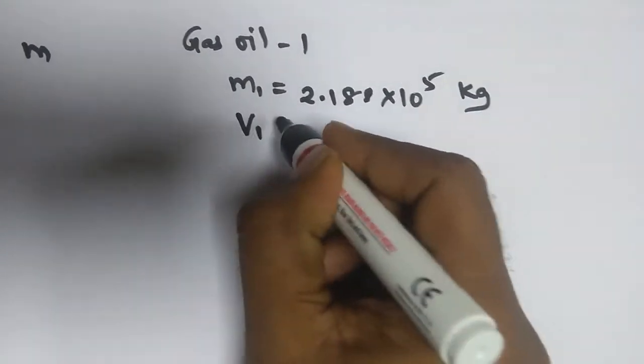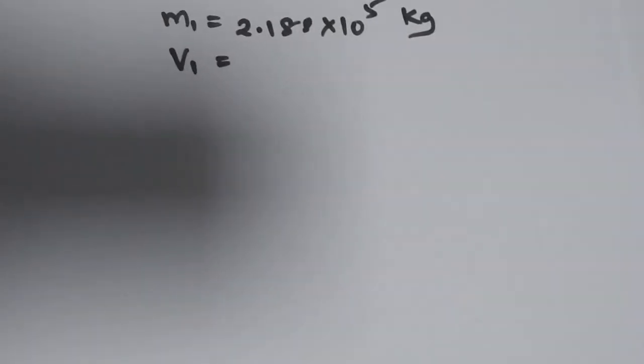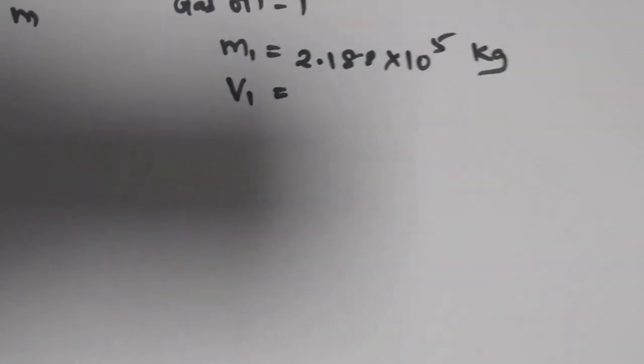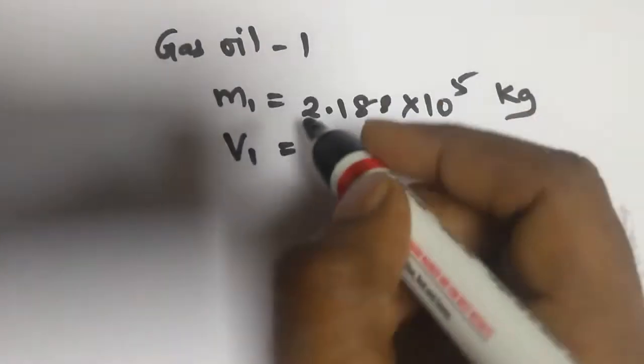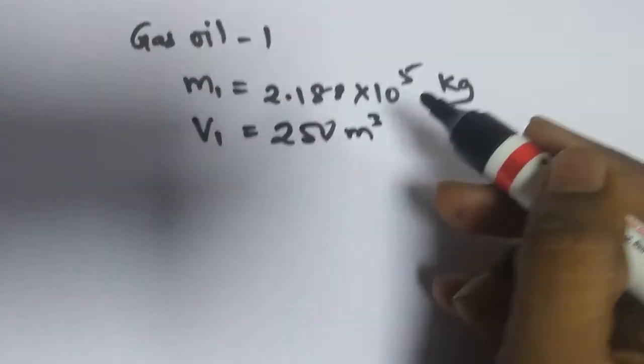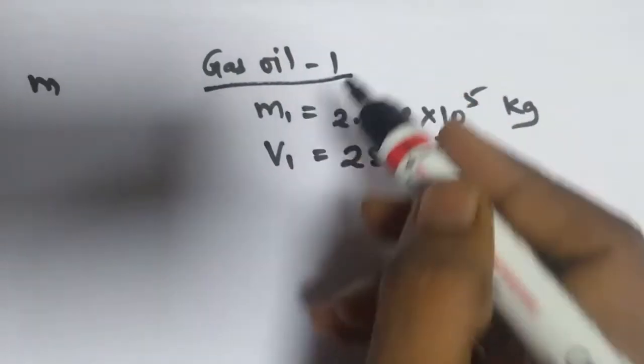Volume 1 is given, it is 250 meter cube. So this is for gas oil we have done.